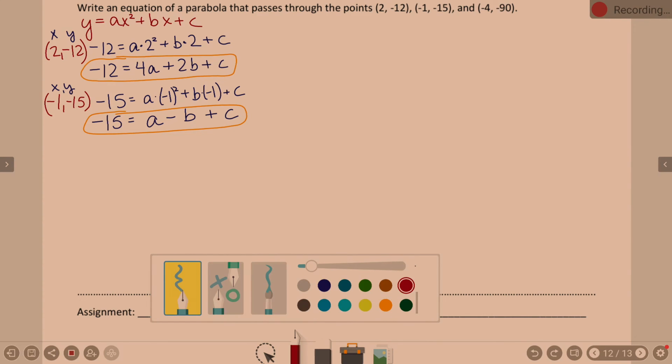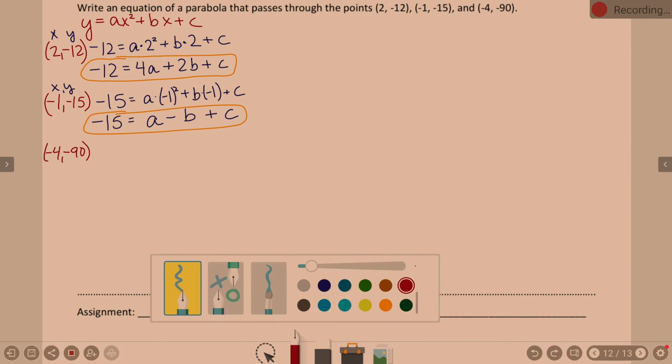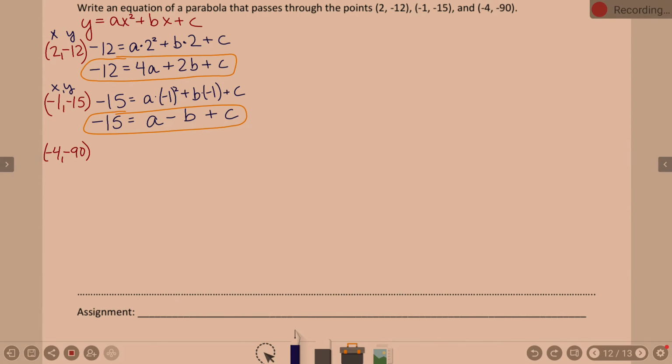And final ordered pair, negative 4, negative 90. I will say I'm glad it's the y value that's the big one, because that would not be fun if it was the x value. So negative 90 equals a times negative 4 squared, plus b times negative 4.